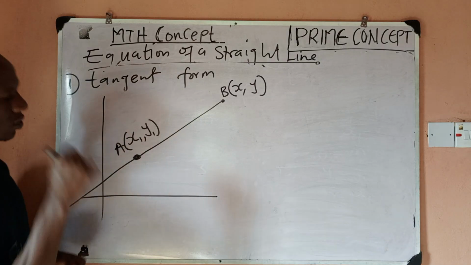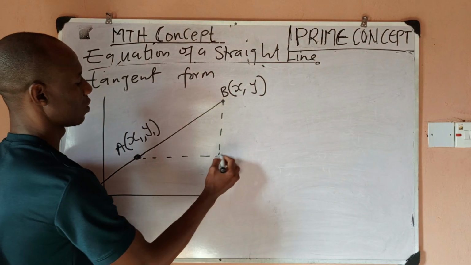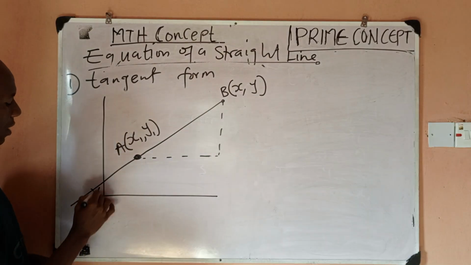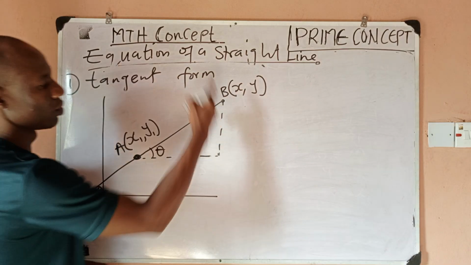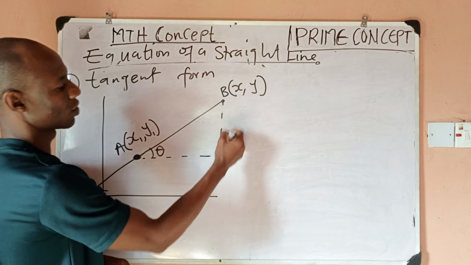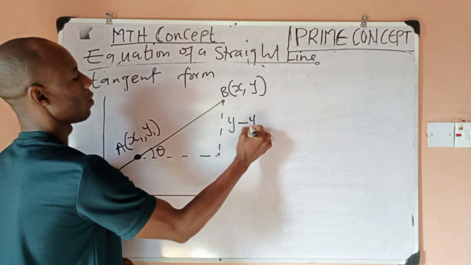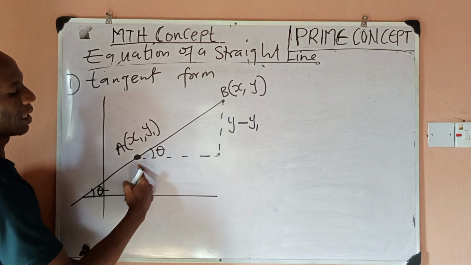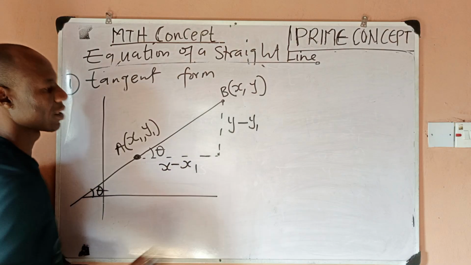If I construct a triangle in a similar way, so that this angle, theta, is the same as this angle, theta, you will notice that this height is going to be y minus y1, and this horizontal length is going to be x minus x1, right?